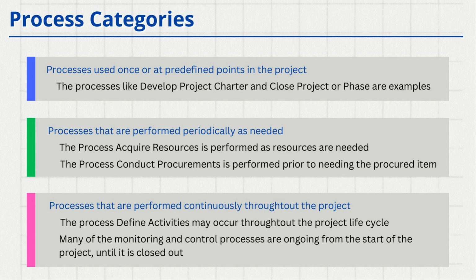You don't have to modify it unless there is an impact. But of course, you go on modifying it if there is an impact. Once you have it for the whole project, that is something which empowers you as a project manager and gives you the authority to use all the resources required for the project. Similarly, even the close project or phase has only one process, and it is just used during the last phase, which is nothing but closing.